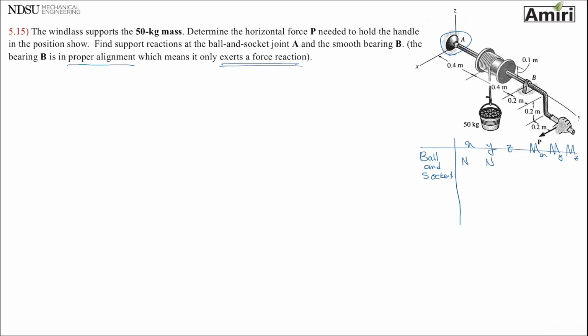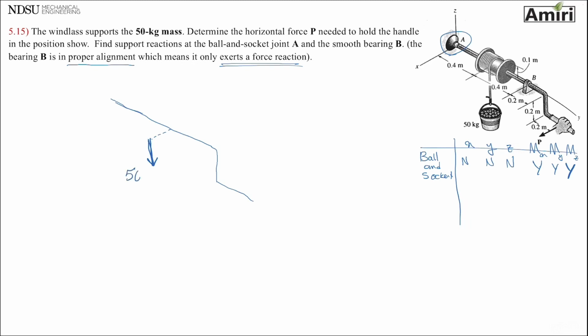No, no, no. Can it rotate in X, Y, Z if I only look at point A? Yes, yes, yes. So all I have to do is draw a free body diagram, and when I put reactions at point A, it is going to be only forces.